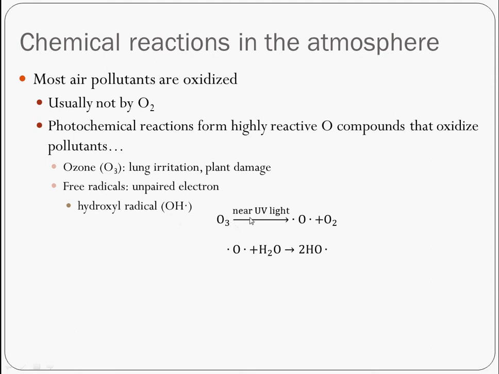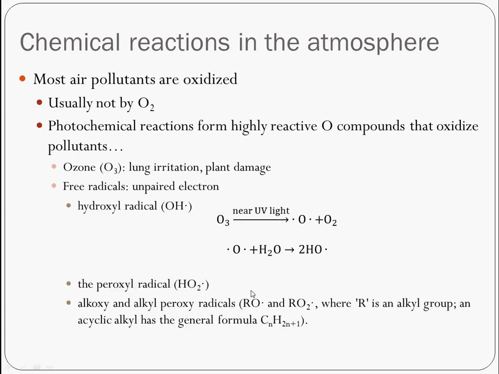It interacts with some near UV light, breaks off a piece, and you end up with an unpaired electron on an oxygen atom and a normal oxygen molecule. This molecule goes on to interact with water, and it creates two hydroxyl radicals that want to be something else, so they'll tear other molecules apart.